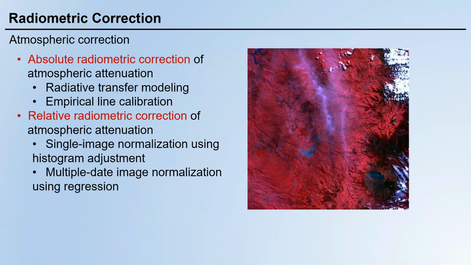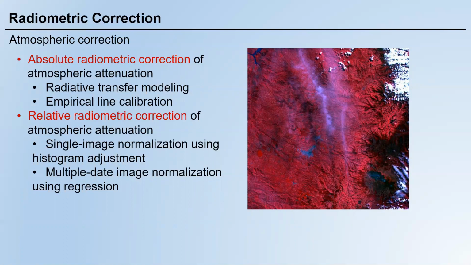The next type of radiometric correction is called atmospheric correction, and there are two types of them. The first type is called absolute radiometric correction of atmospheric attenuation. We use something called radiative transfer modeling to address the transmission of EMR in Earth's atmosphere.